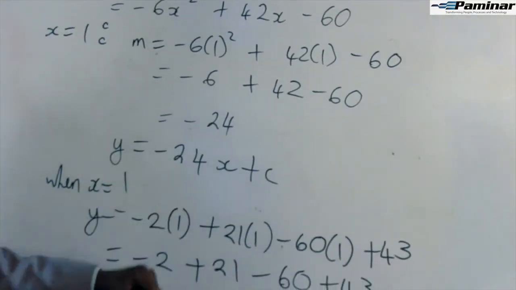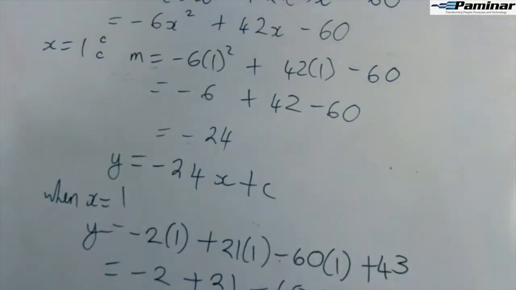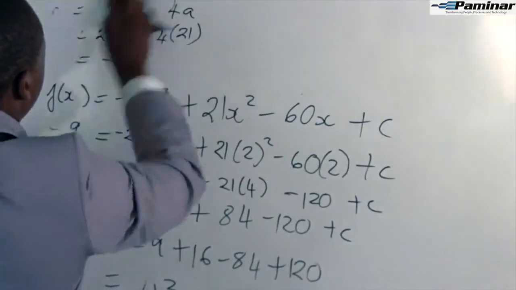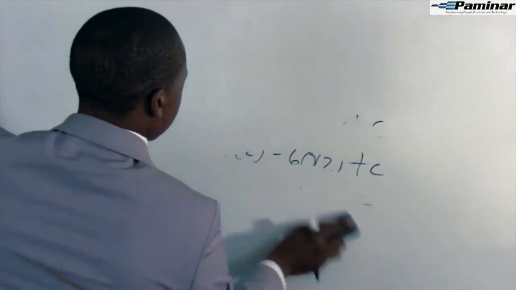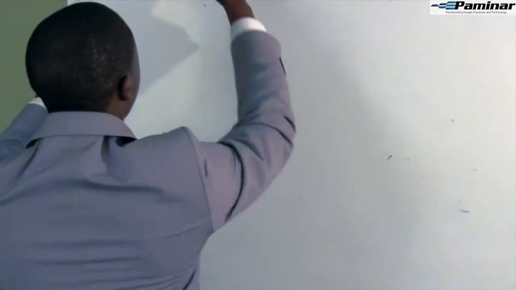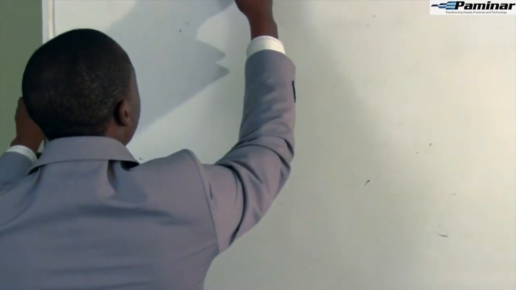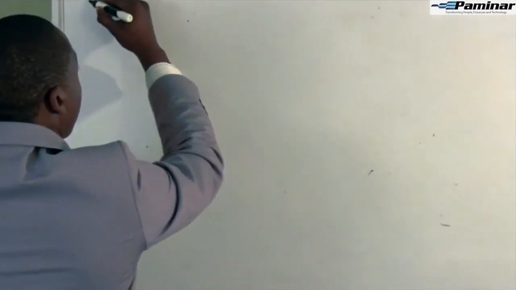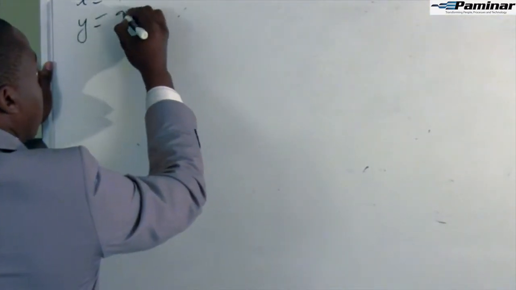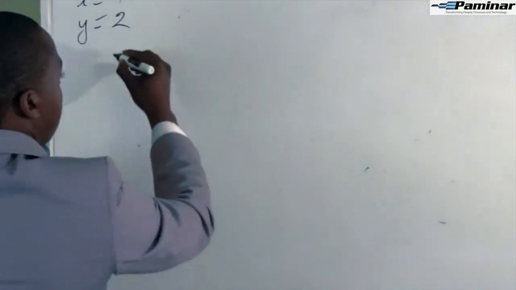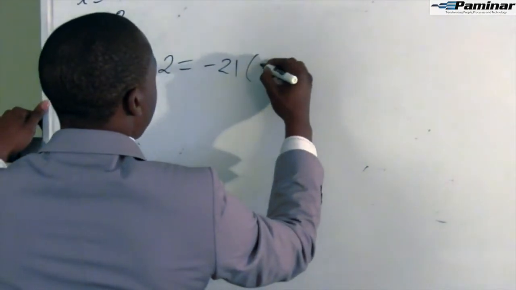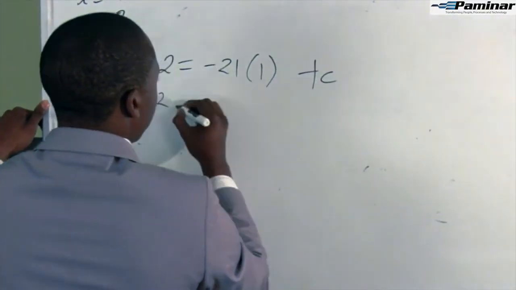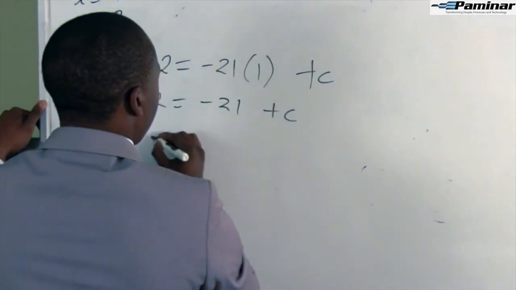So our equation is y is equal to minus 24x plus c. We know that when x is equal to 1, y should equal 2. Therefore, 2 is equal to minus 24 plus c.